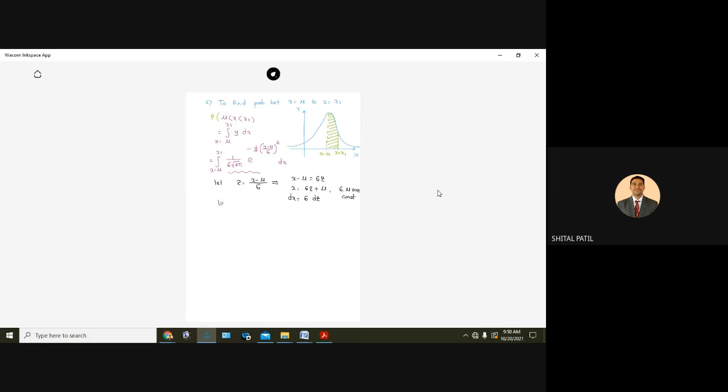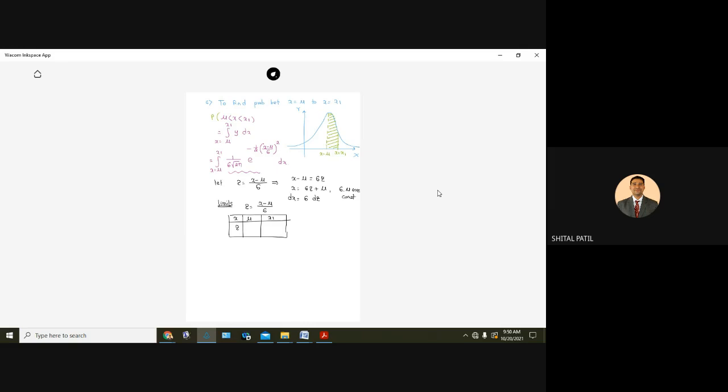Now the limits will change. See how the limits will change. At this moment we have limits of x, which are mu and x1. Let me substitute them to find the limits of z.